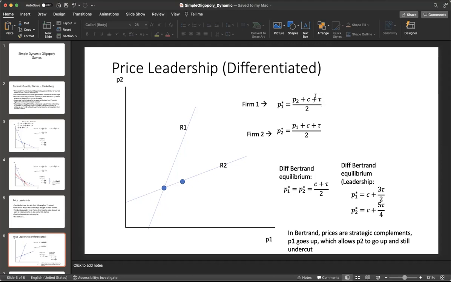The further away it is, the more you will pay, and that's the T. So these are just the reaction functions: firm 1's reaction function and firm 2's reaction function. Here they are in math. So the differentiated Bertrand equilibrium is the intersection of the two, which is just C plus T over 2.